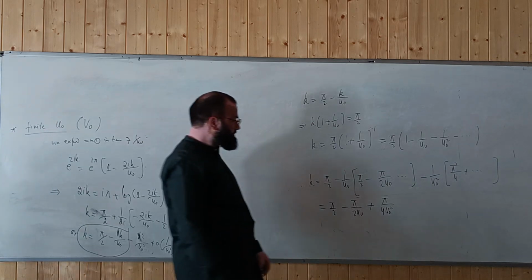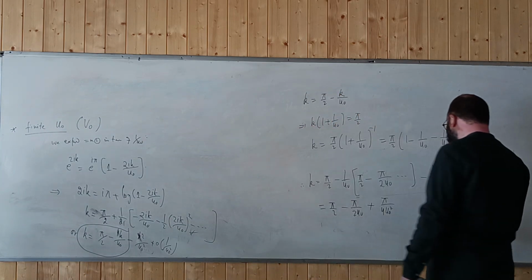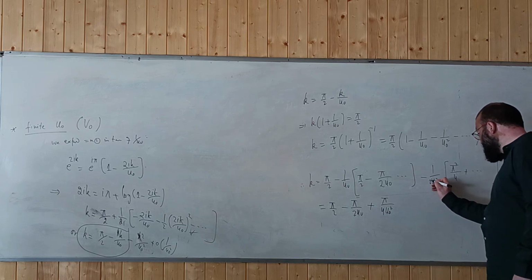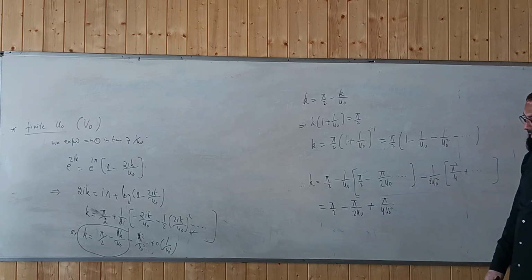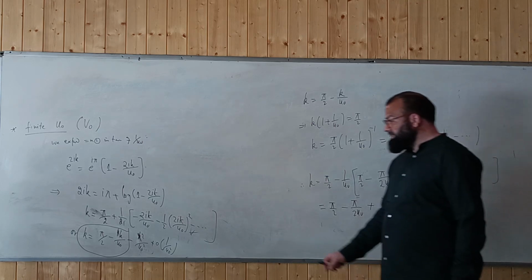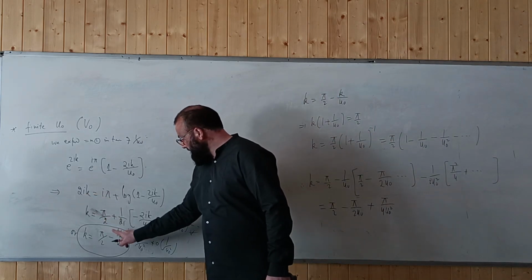So you are having an i here. Clear? i is in the denominator. So i square is plus something. Yes, there is an i staying here, this twice i.